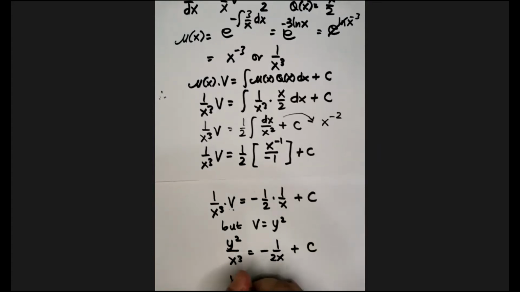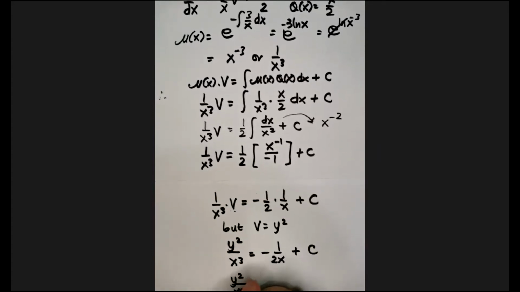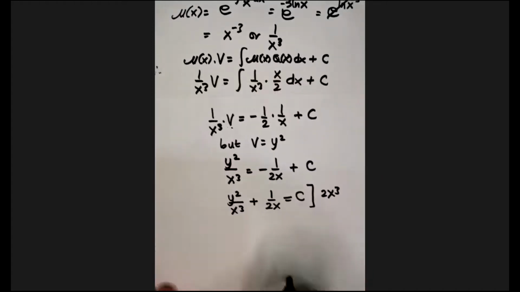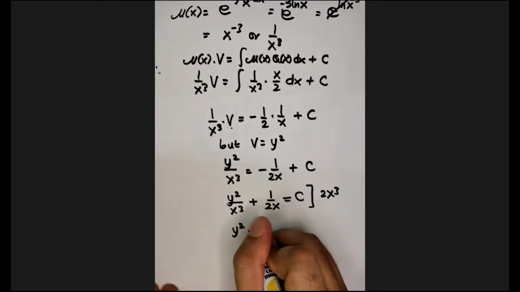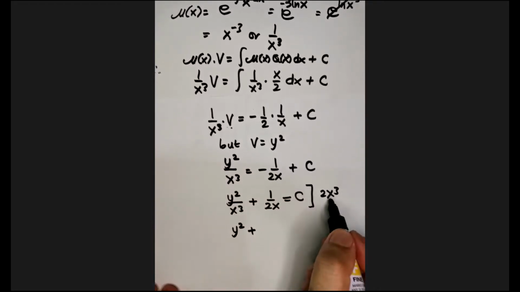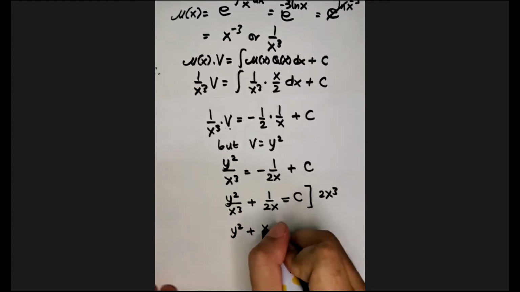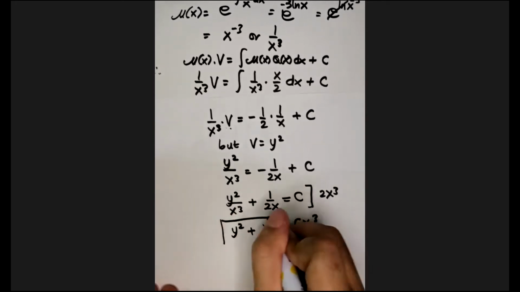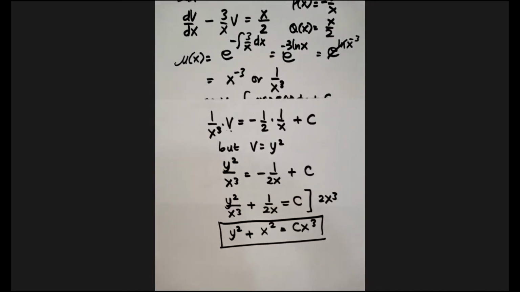Or this is equal to y squared over x cubed plus 1 over 2x is equal to c. Or we can multiply this by 2x cubed. So we'll have 2y squared plus x squared is equal to cx cubed. Ayan. So this is our final answer.